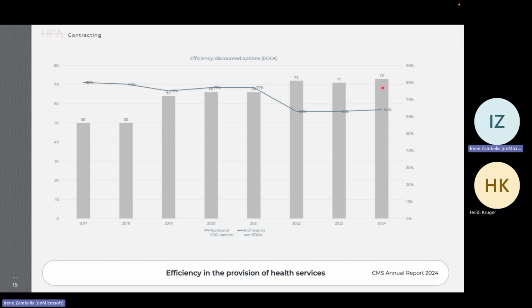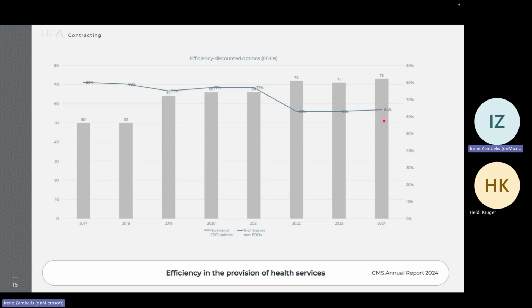They are an option within a scheme. What is important to note with EDOs is the percentage of lives that are not on EDOs. So 64% of the 9.1 million beneficiaries are not on efficiency discounted options.